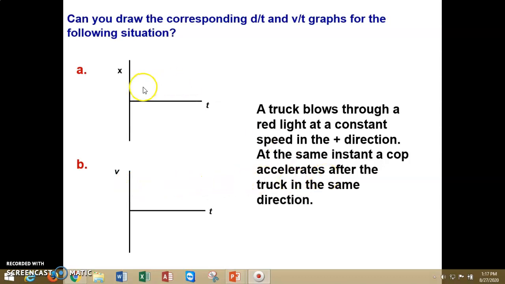Now think about what the truck is doing, right? Displacement-wise, as it passes that light and moves away from the light, it's moving at a constant speed. That means that every second, if it's moving at a constant speed, its displacement is changing the same amount every second. That's what it means to be on cruise.